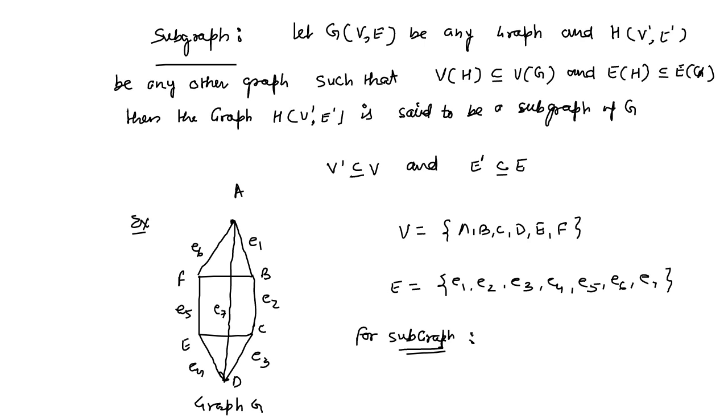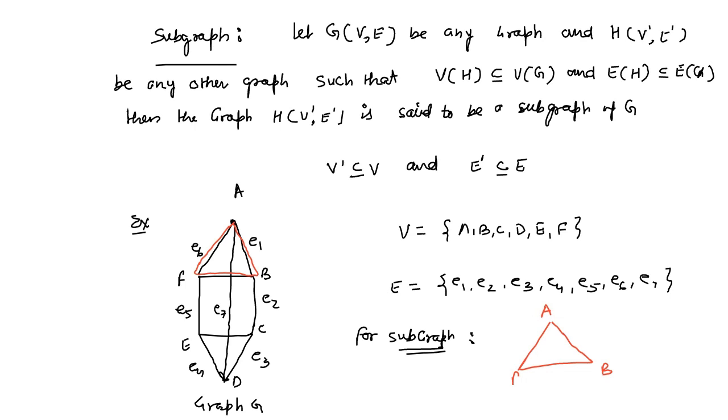Portion means you consider this portion, having vertex A, vertex F and vertex B. We consider only this portion. This is also an example of a subgraph of graph G.